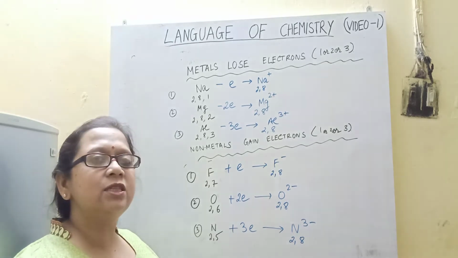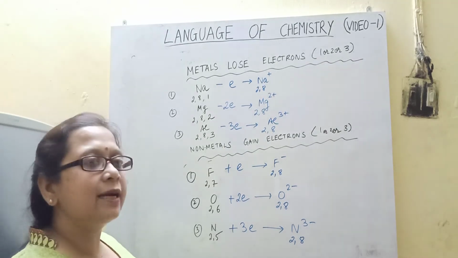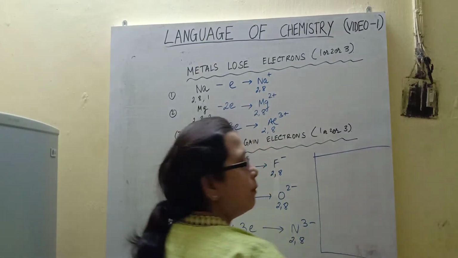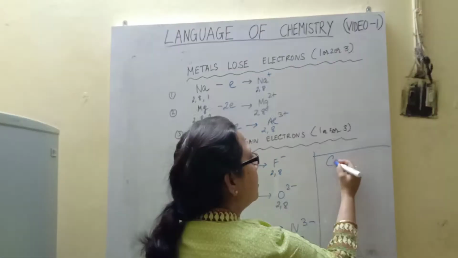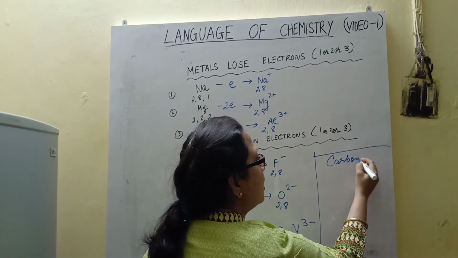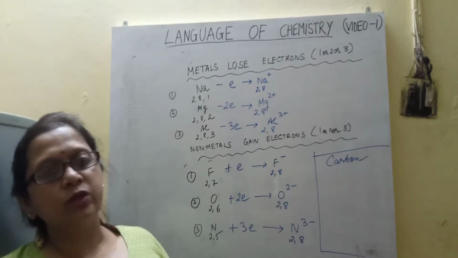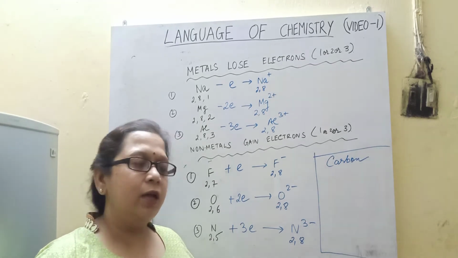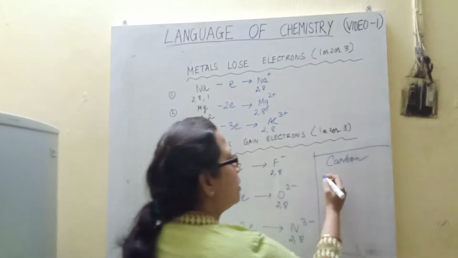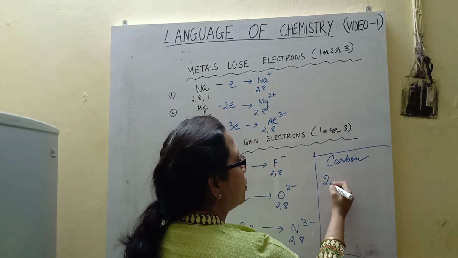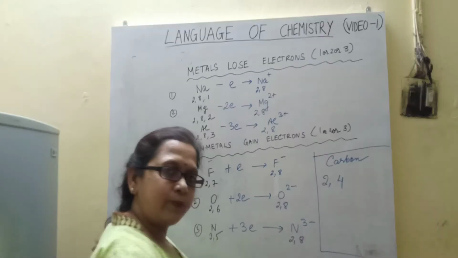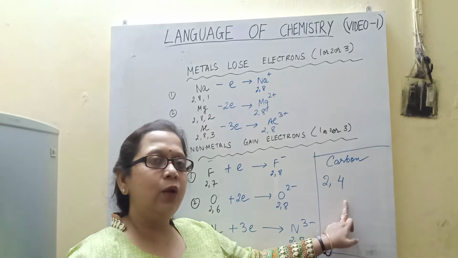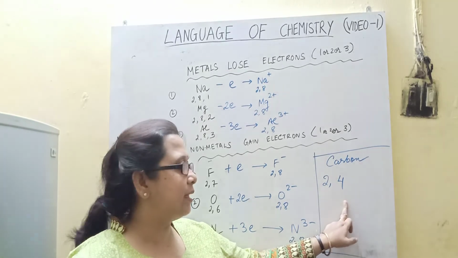There is a set of non-metals like carbon. Now we have a special mention for carbon, since we said that the valency is equal to the number of electrons lost, gained or shared. An element like carbon, whose electronic configuration is 2,4, can neither lose nor gain electrons.